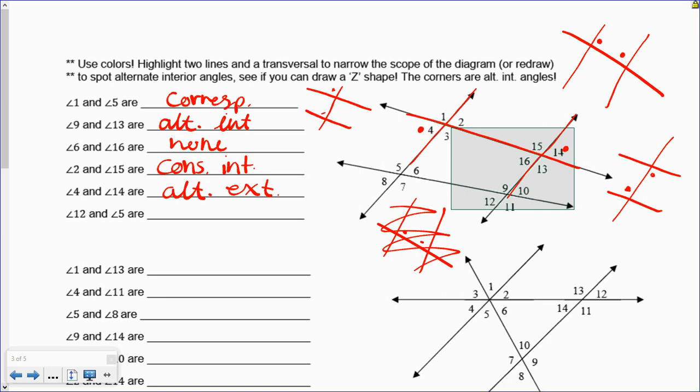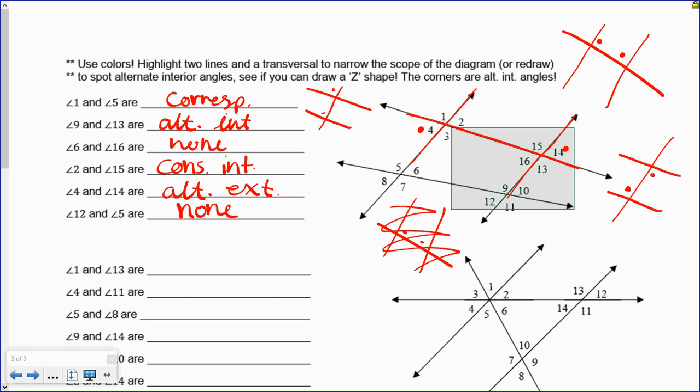All right, what about 12 and 5? None. Another none. Because one of them is exterior, one of them is interior, but they're on different sides of the transversal, so that doesn't work. You see that? 5's outside, 12's inside. Not going to work for us that way.